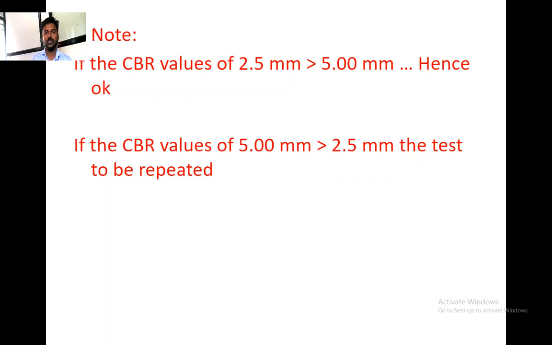It means the CBR value for 2.5 mm penetration should always be greater than for 5 mm penetration. If that does not happen, then we need to repeat the test. Okay, write down this note.